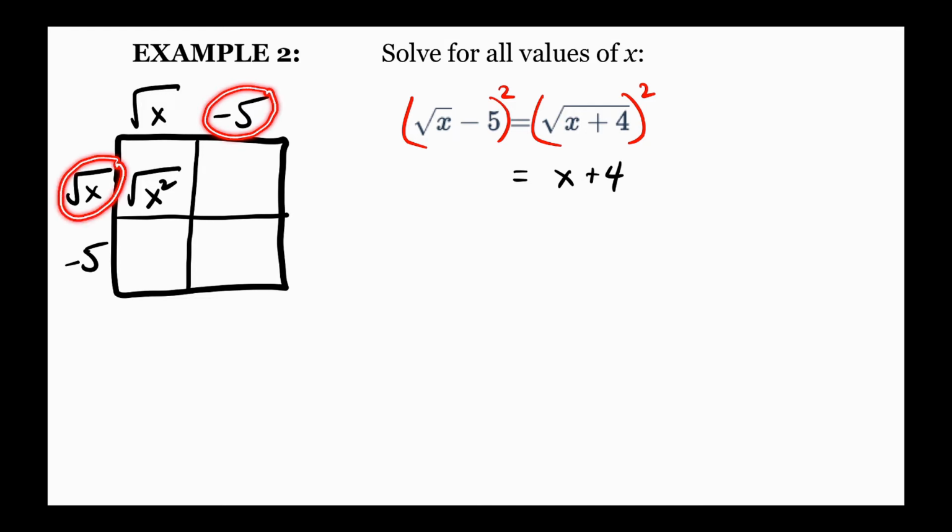I can't multiply them to make -5x. So how do I do it? I put a -5 in front, square root of x. Same thing over here. And then the last one's just positive 25.